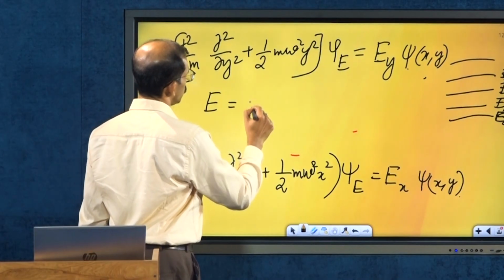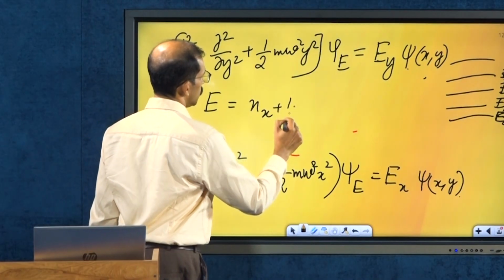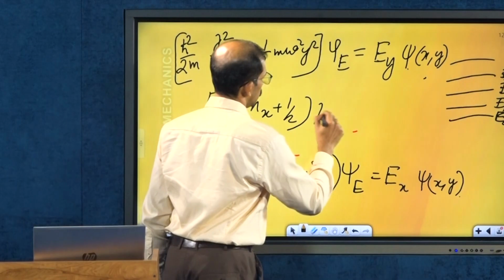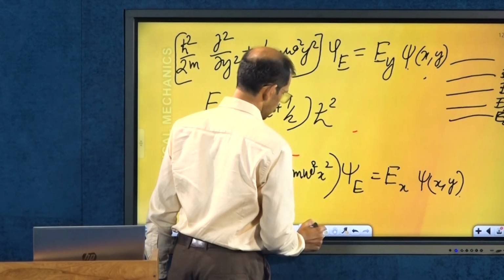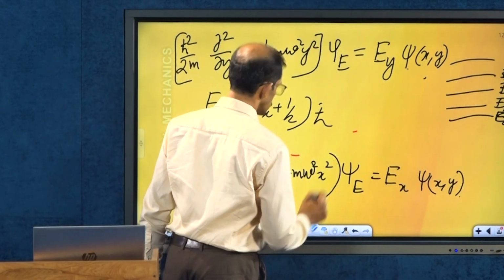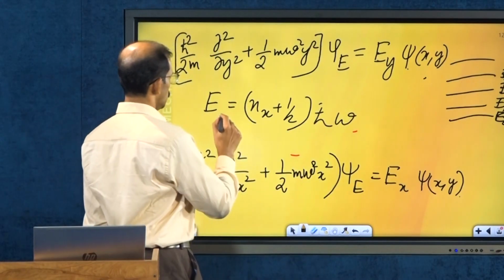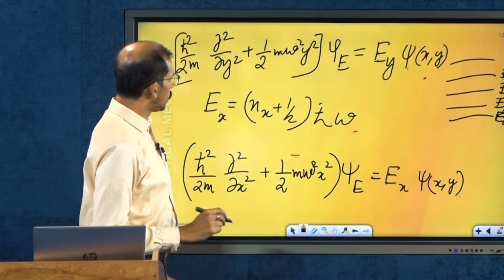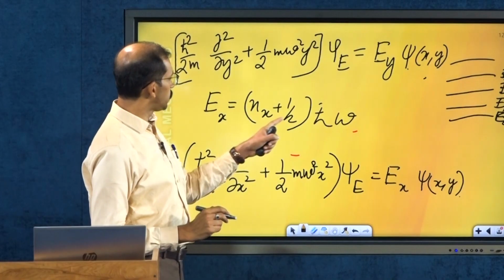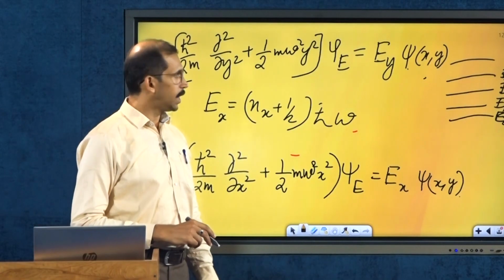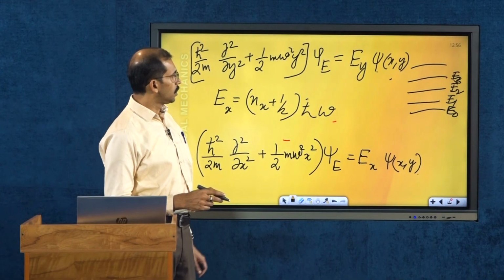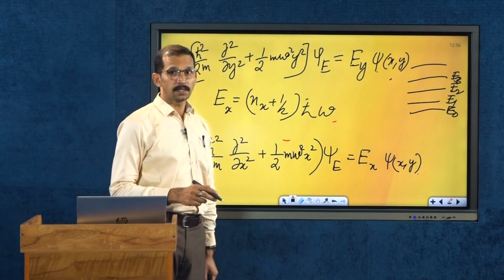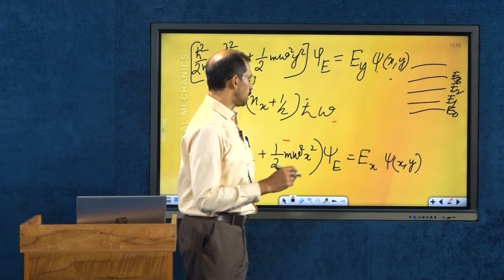Ex is equal to nx plus half h cut omega, and correspondingly we have Ey is equal to ny plus half h cut omega, and that can be generalized as En is equal to n plus half h cut omega.